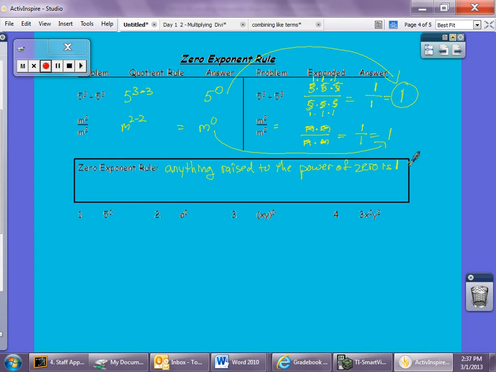And that shows by the expanded form. When you're raising it to the 0 power, you're crossing everything off. You're just left with 1. The zero exponent rule is one of the easiest ones.